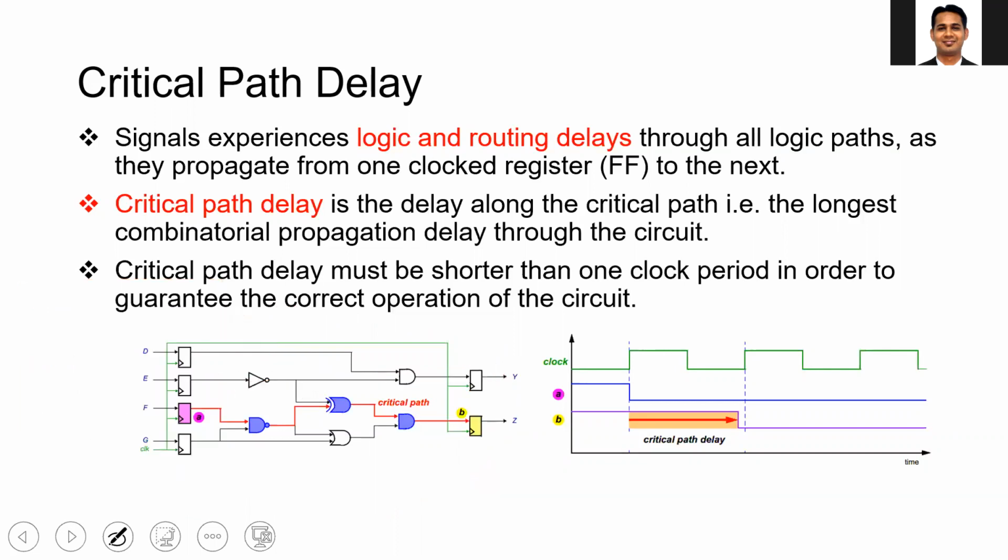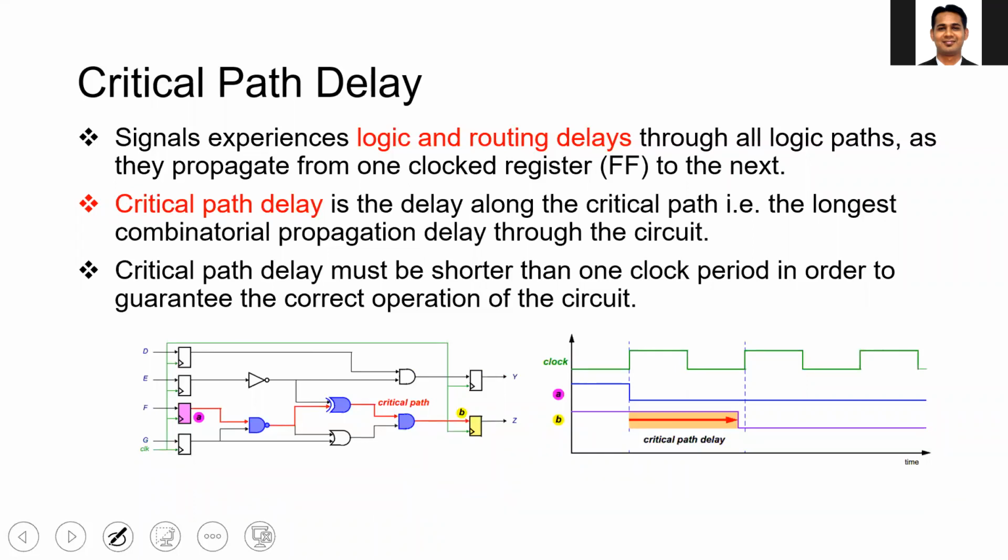The critical path delay is the delay along the critical path, that is the longest combinational propagation delay through the circuit. Here, in red color, they have shown the critical path, which is the path that will incur the longest delay from input to output.